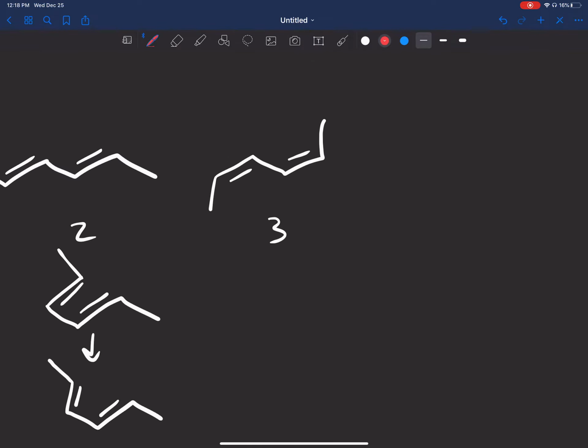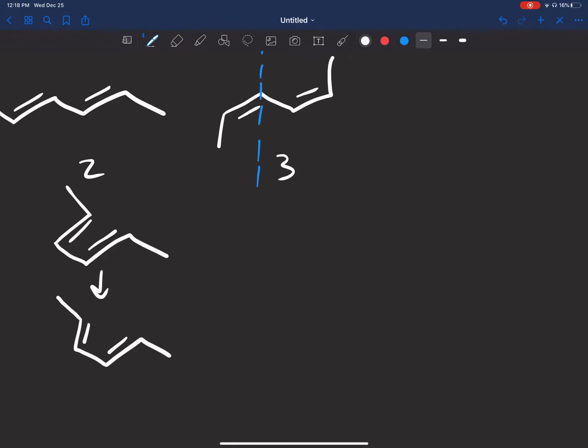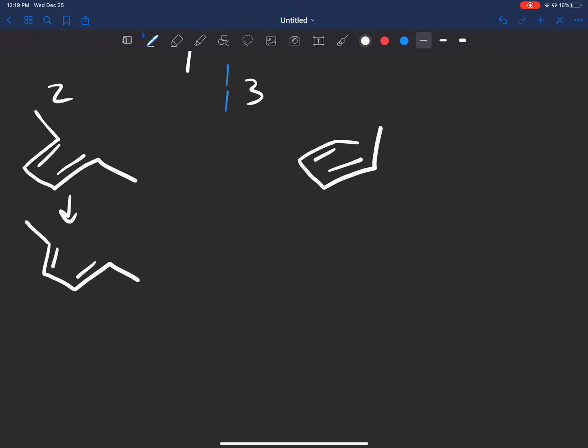Same technique for 3. Keep half of it the same. This bond is pointed downward to the left, so put it a little bit upward to the right. Like I said, we'll clean it up later. Now that's going to be this bond, so we put the double bond. And now we have that other bond coming in, and it's going to be coming in inward, so this way. And so let's clean it up.